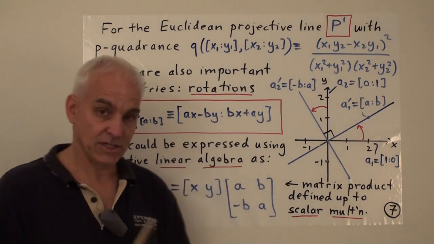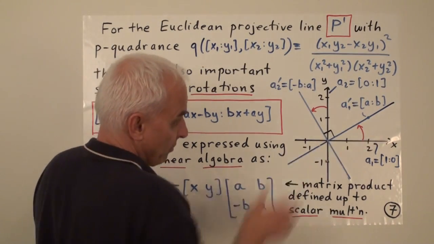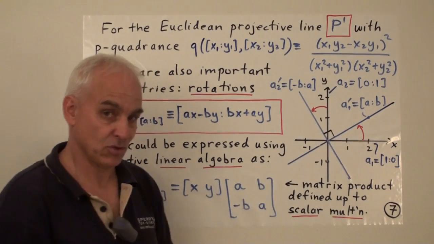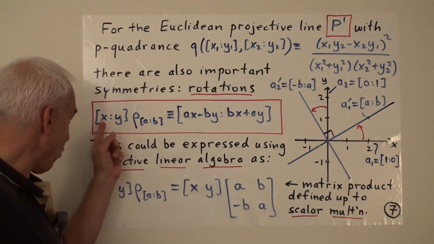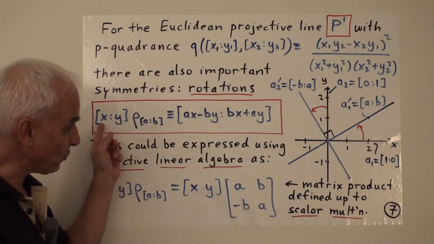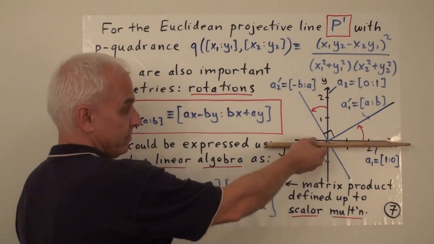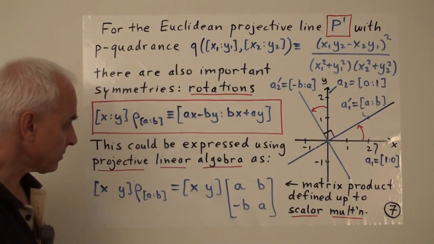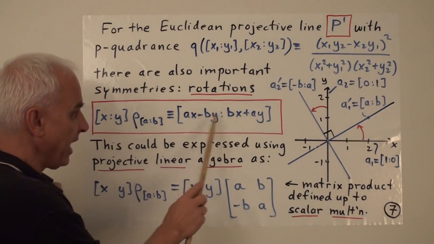Let's try to convince you that this is a reasonable expression that would encode this rotation that we've visualized here. Suppose we apply this to the special case where we have 1, 0. If x is 1 and y is 0, that's this line here. What's going to happen? We're going to get a to b.